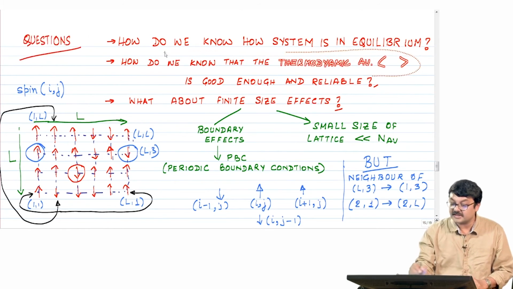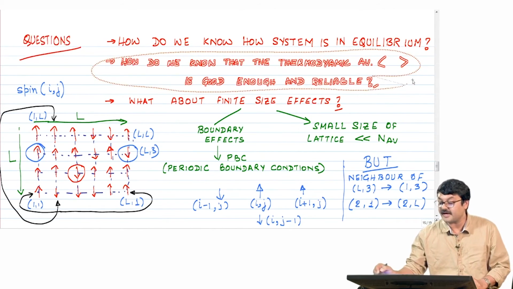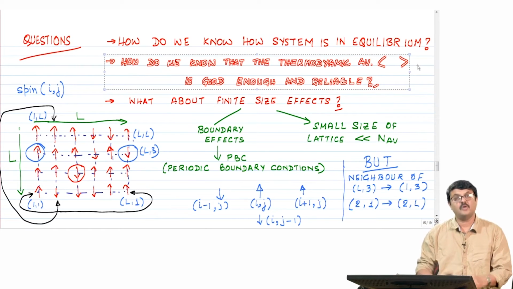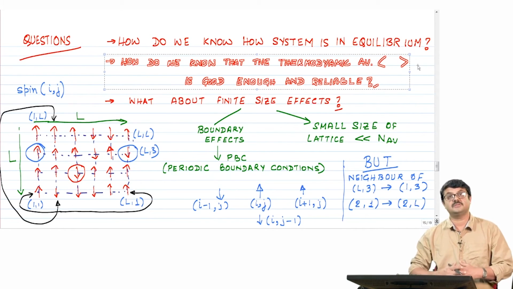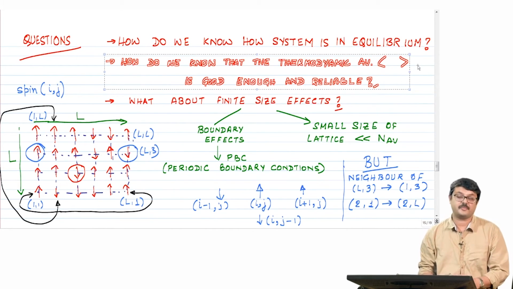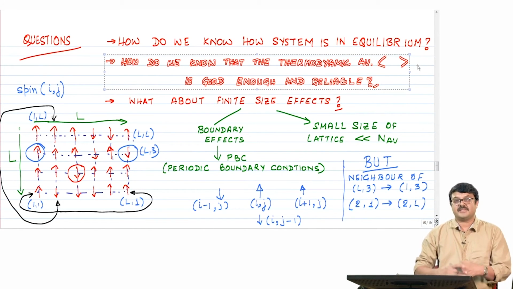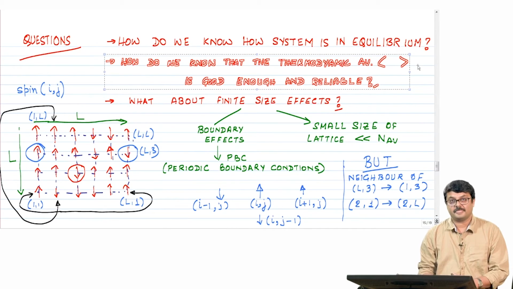How do we know that the thermodynamic averages we have calculated over a certain number of microstates are good and reliable? How do you know that you do not need to generate more microstates? After all, statistical physics tells you that you have nearly an infinite number of microstates accessible.